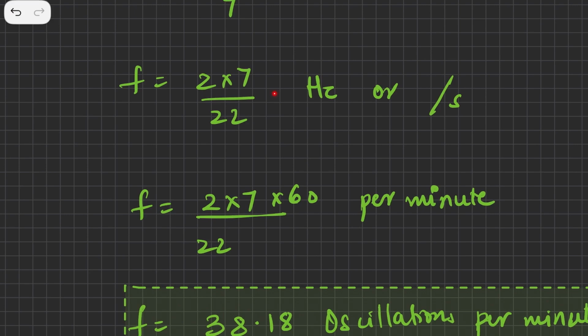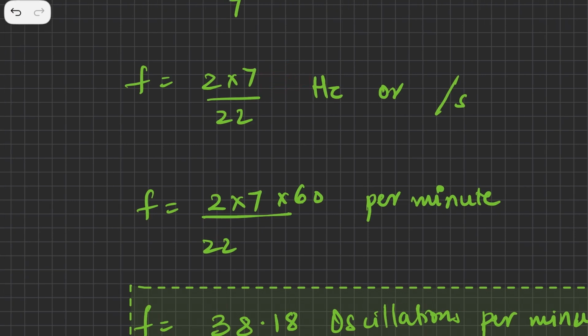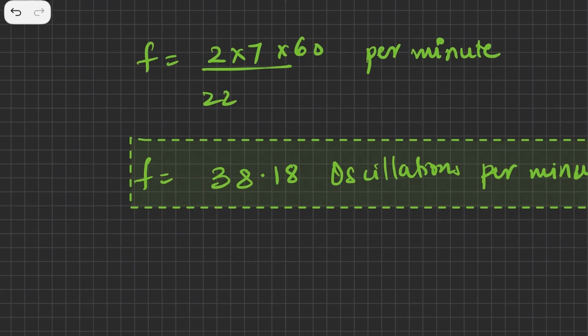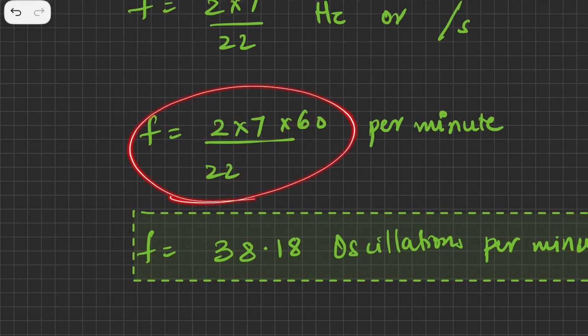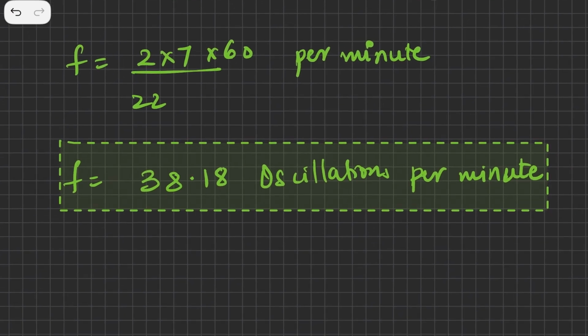If I wish to find out in a minute, I'll have to multiply by 60. Solving this, 2 ones are 2, 11s are, and you can just cancel and keep on multiplying. This answer would be in per minute.